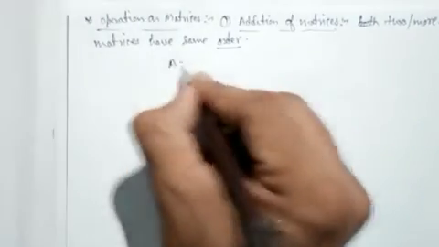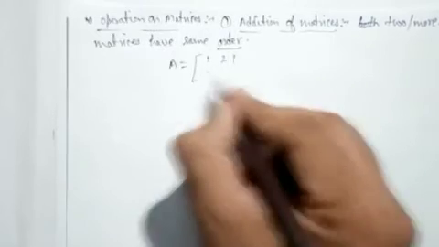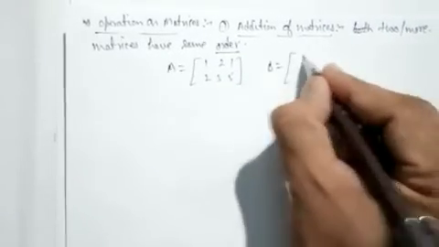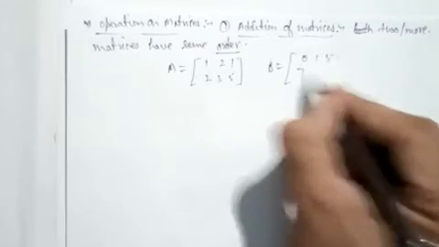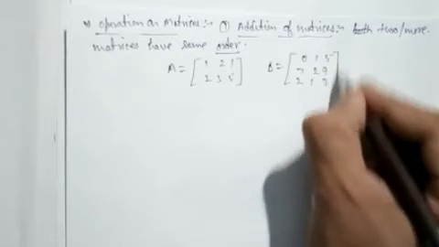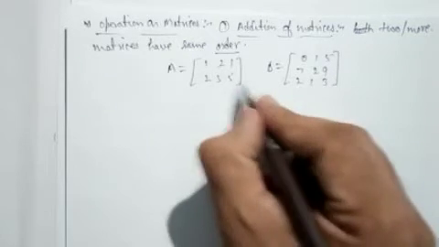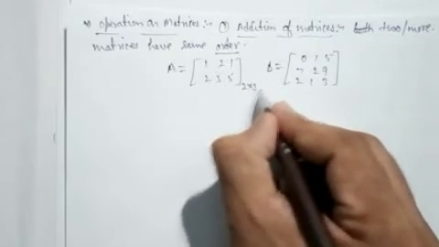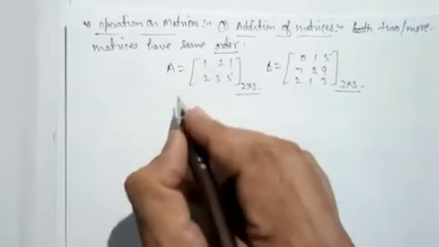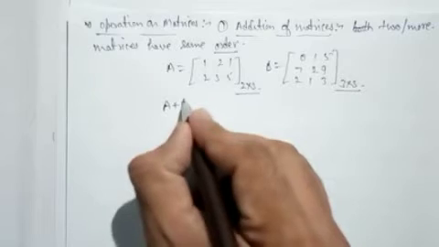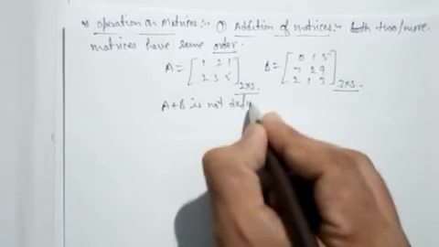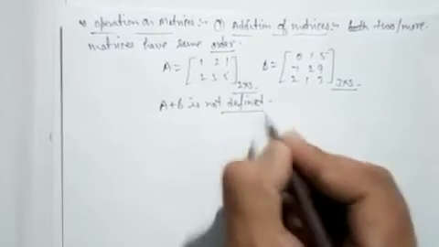For example, A matrix is 1 2 1, 2 3 5. B matrix is 0 1 5, 7 2 9, 2 1 3. So this matrix is 2 cross 3 and this matrix is 3 cross 3, so we cannot add. A plus B is not defined. Clear?